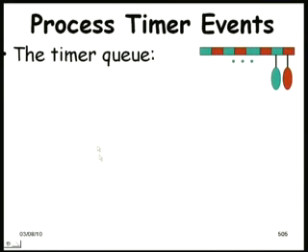In processing timer events, the timers are arranged in a queue and each timer is associated with a handler routine, and after the timer expires, the handler routine is queued.